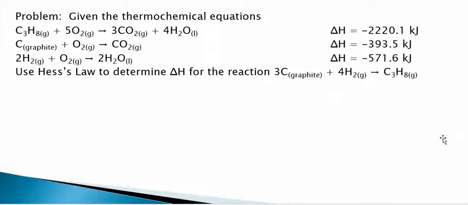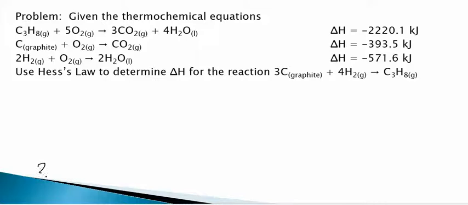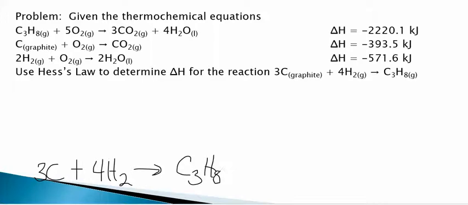Okay, that one wasn't too bad. Let's look at this one. Start down here with my final equation, 3C plus 4H2, that's what I want to determine, forming C3H8. And I'm given three different equations. Well, I'm going to start here with my reactant. I see 3 carbon. Well, you go back up to these equations.